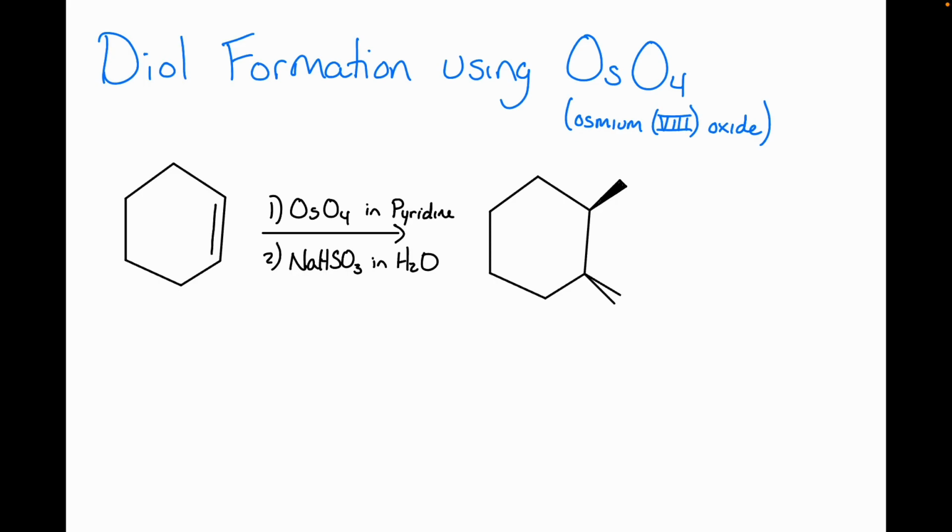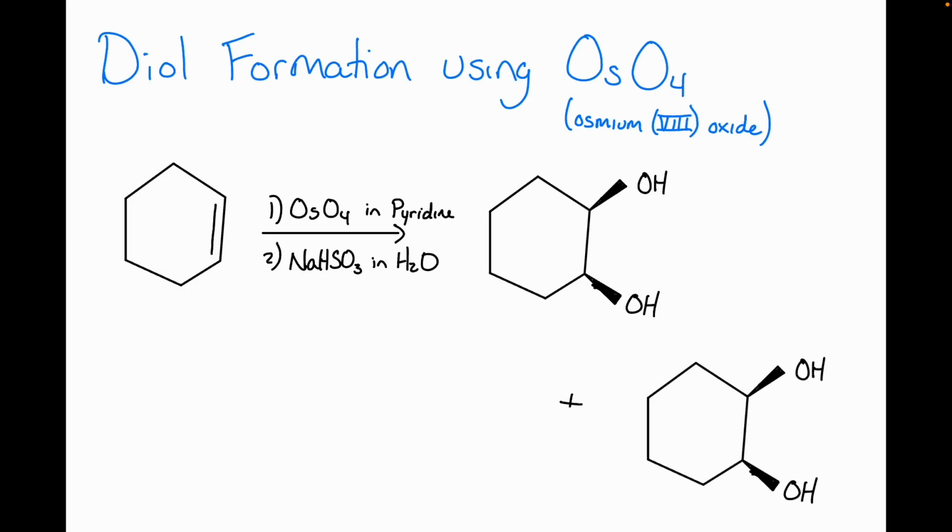So if I draw one as a wedge, I'm going to draw the other one as a wedge as well. Okay, and I'm going to do plus this one down here where I do my dashes.